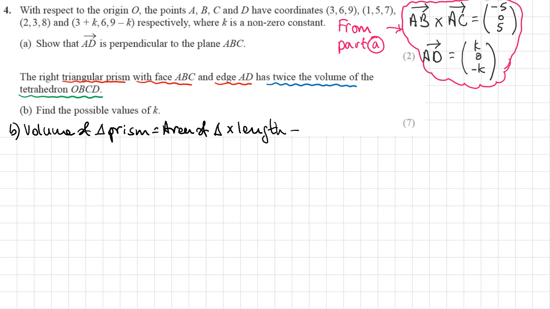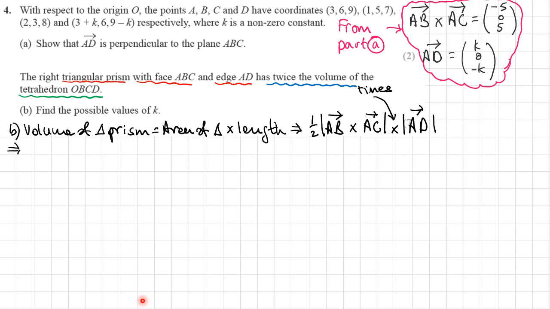Now, the area of the triangle, we can use the cross product to do that. So it's going to be half the modulus of AB cross AC, because they are two sides of the triangle. So that's the area of the triangle part, and then we want to times it by, so this is times here, not cross, its length, and its length is going to be the length of the vector AD.